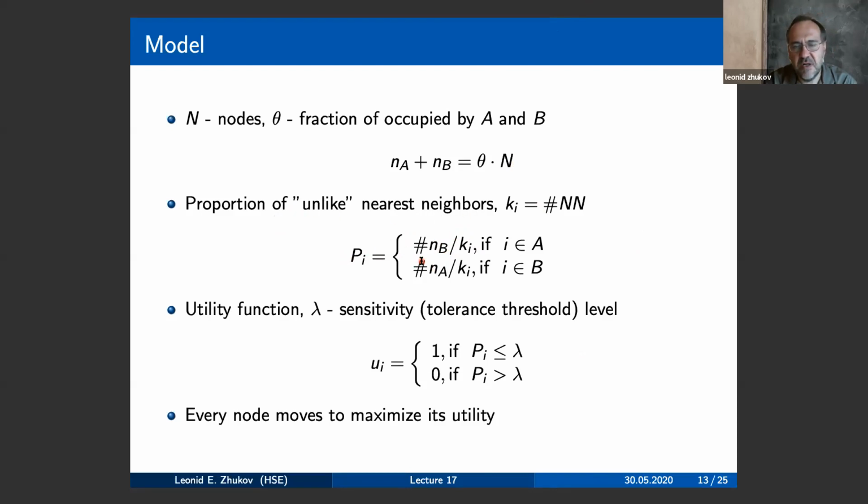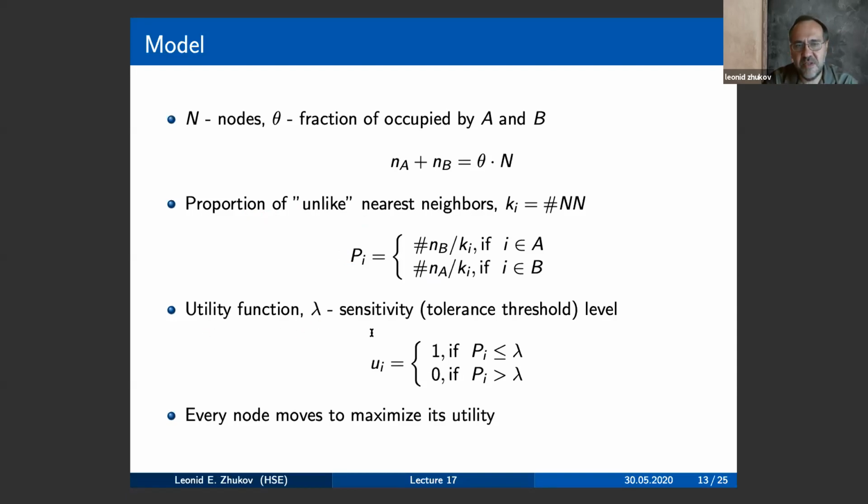So for node type A, it is the number of B type neighbors. For node type B, it's the number of A type neighbors, right? So proportion pi is the proportion of unlike neighbors, or neighbors you don't like, or the neighbors that do not look like you, right?